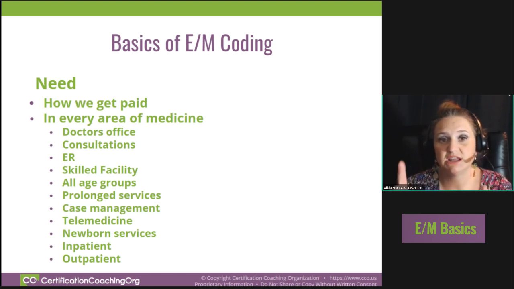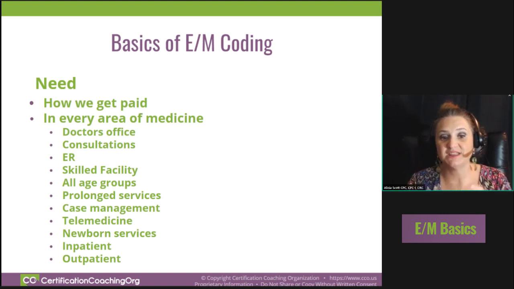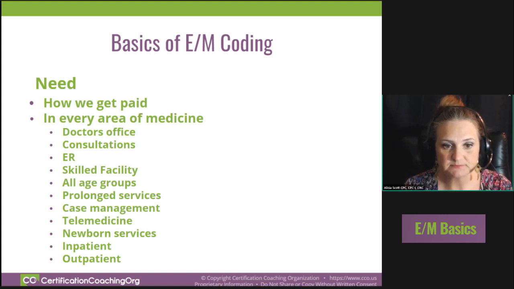It could be a teenager, a person in the prime of their life, a person that just turned 65 and is going on Medicare, or an 80-year-old patient that's considering hospice. So all age groups are affected by E&M coding. There's not a niche. Now there are niches within the E&Ms, like the newborn services, but we'll get to that.